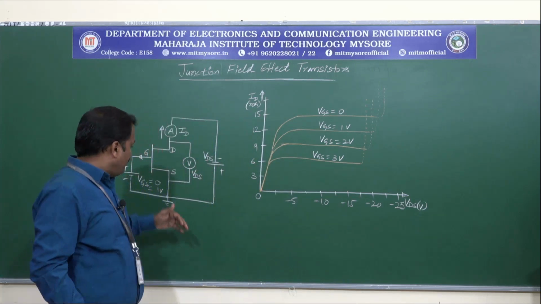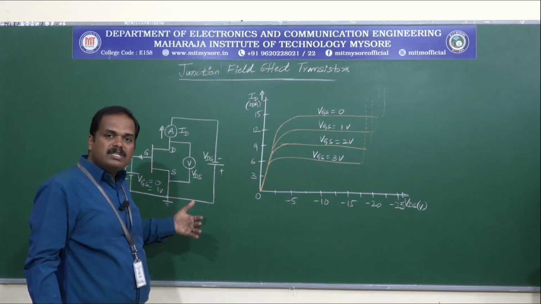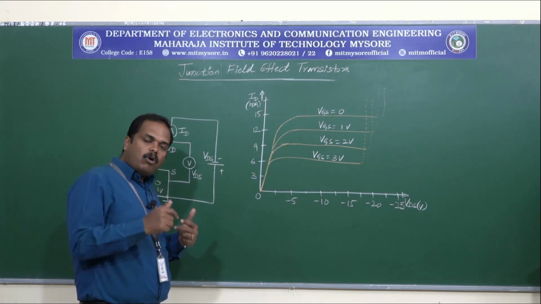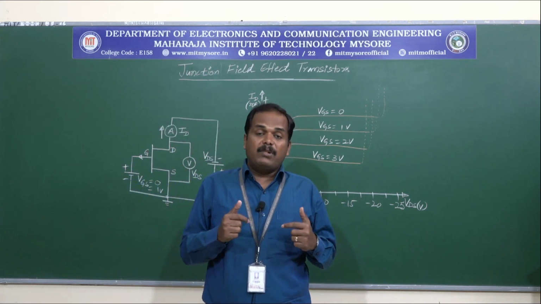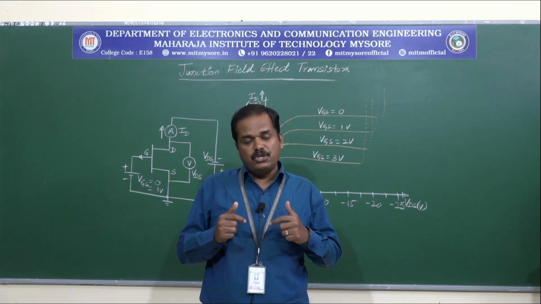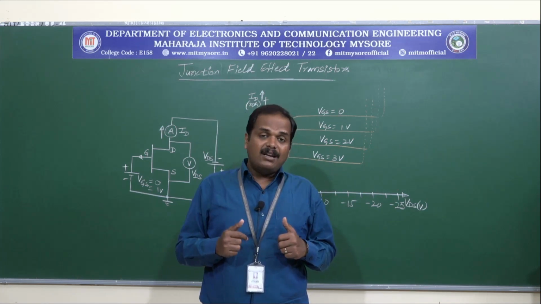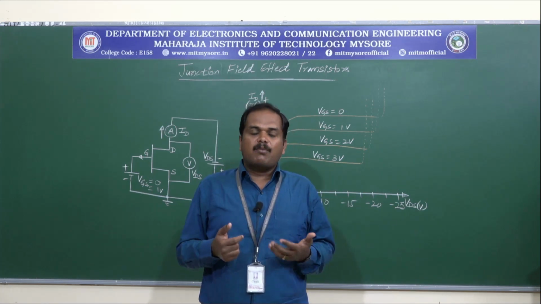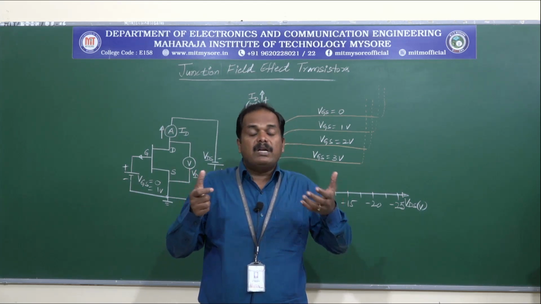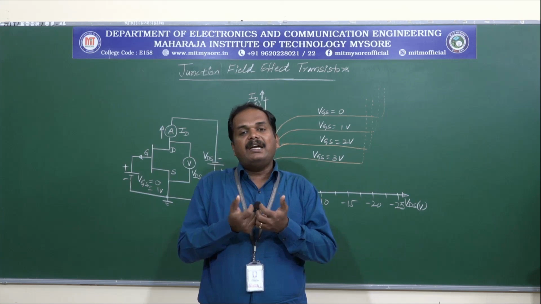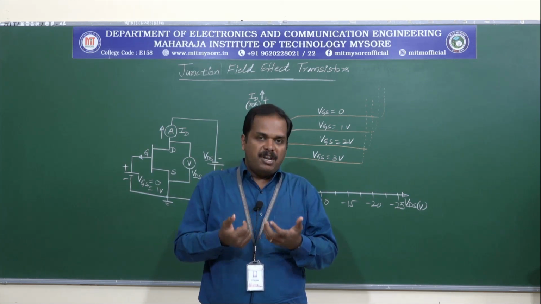Further, if we go on increasing the VGS value, the depth of the depletion regions into the channel region will be more, and at a particular point the two depletion regions will touch each other and ID is going to be diminished.